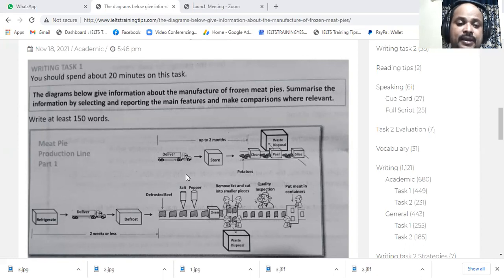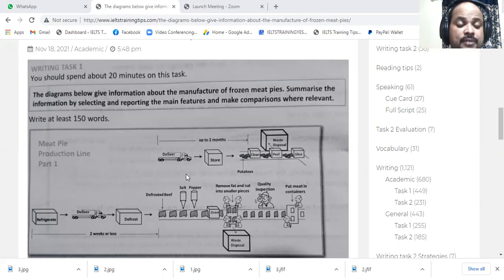Another thing that we can go, this is multiple diagrams. So we have a lot of data here. We need to make this thing concise. So we need to summarize the information. This is a very vast information you have.